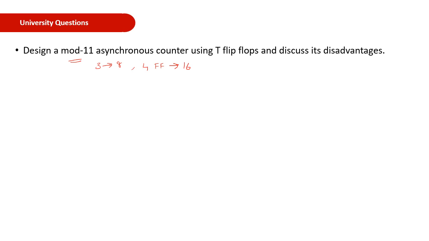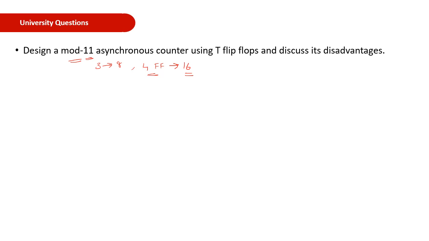Here you require 11 states, so you have to use 4 flip-flops. With 4 flip-flops you get a 16 state counter, but you need only 11 states. So after the 11th state, you have to reset the flip-flops so that you get the next state as 0000.